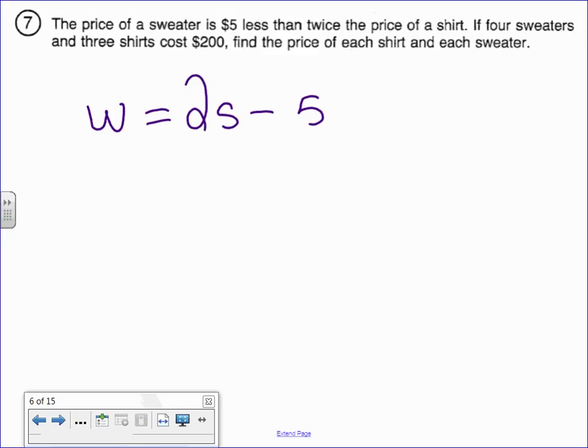Does that make sense? The price of a sweater is 5 less than twice the price of the shirt. If 4 sweaters and 3 shirts cost $200, find the price of each shirt and each sweater.